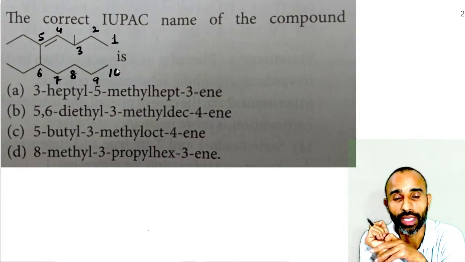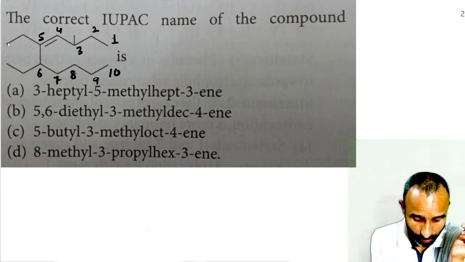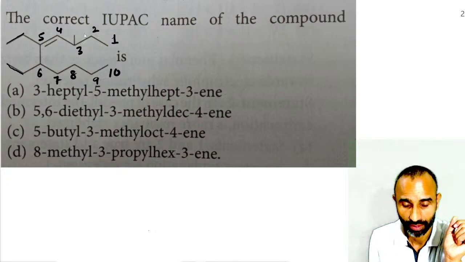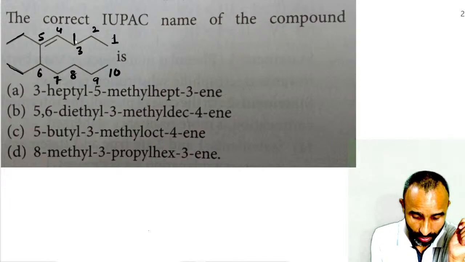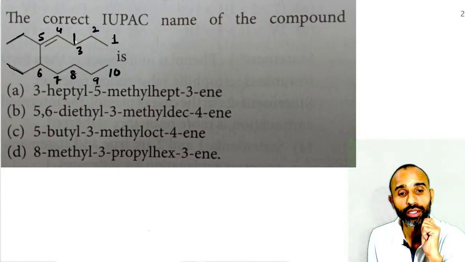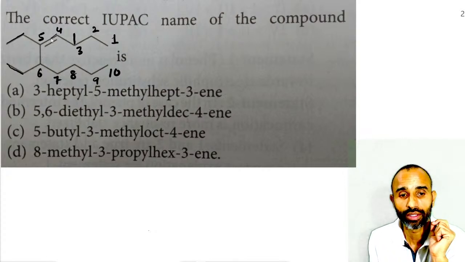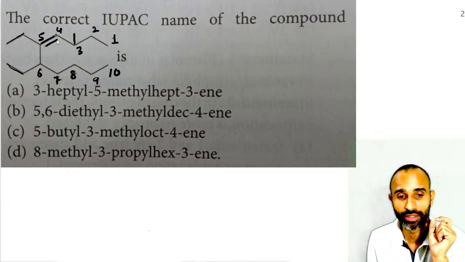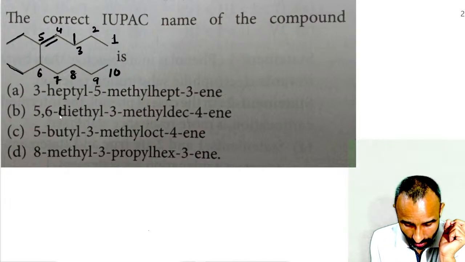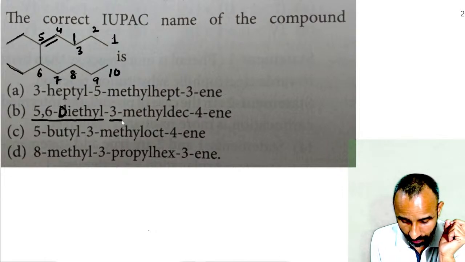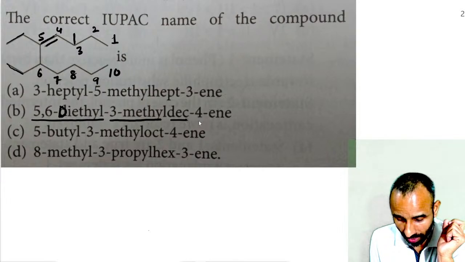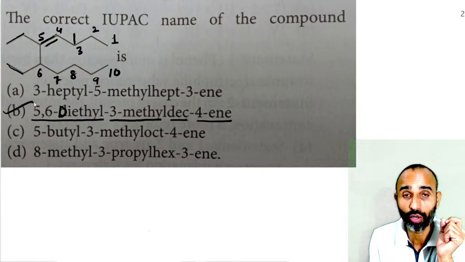At 5 and 6 there are 2 ethyl groups, so 5,6-diethyl. At 3 position there is 1 methyl group, 3-methyl, and dec, and the double bond is between 4 and 5, so it is 4-ene. So it is 5,6-diethyl-3-methyldec-4-ene. So option B is right.